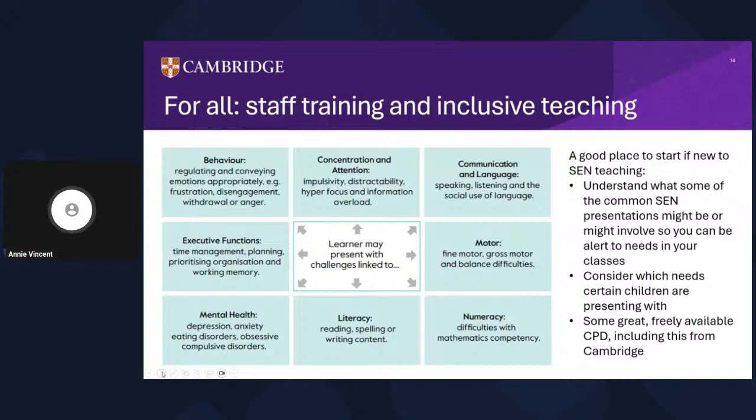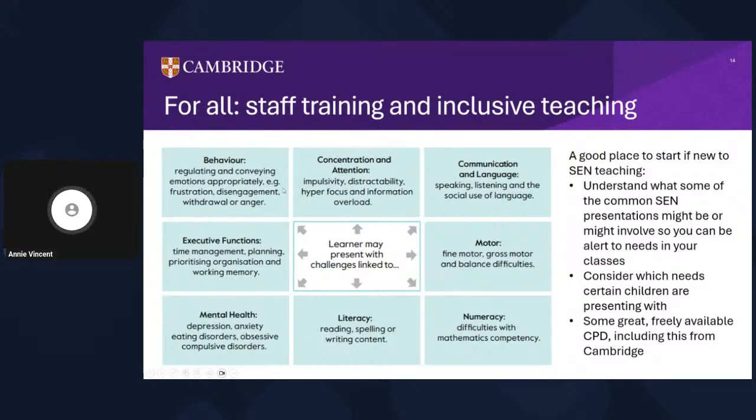And often, as well, when we notice these things, the presentations can overlap, and so do the solutions. So, for example, if I take the box here around behaviour, if I notice a child who's not really able to regulate their behaviour, that is going to be having an impact on their concentration and their attention.